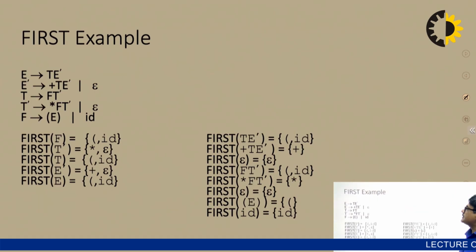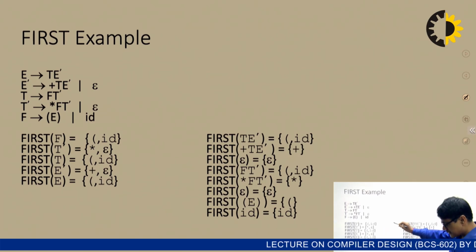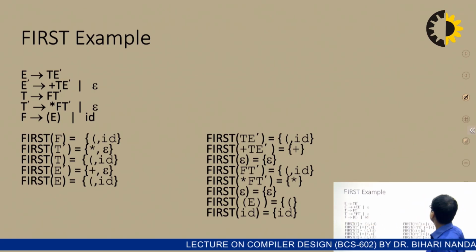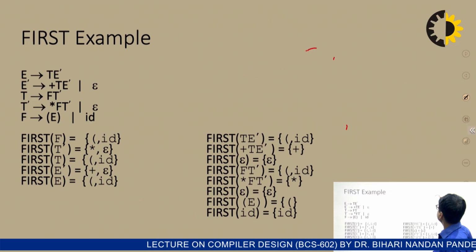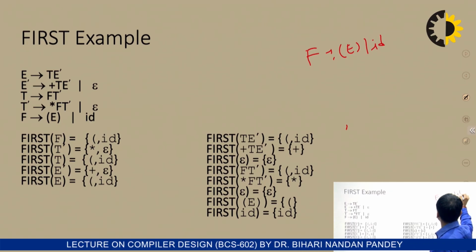So if you are applying these, suppose E produces T E dash. So first of E, first of T, first of T dash, E dash, F. Firstly you have to derive F produces bracket of E by ID. Simple.